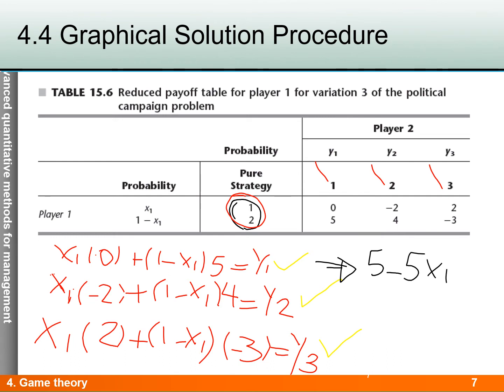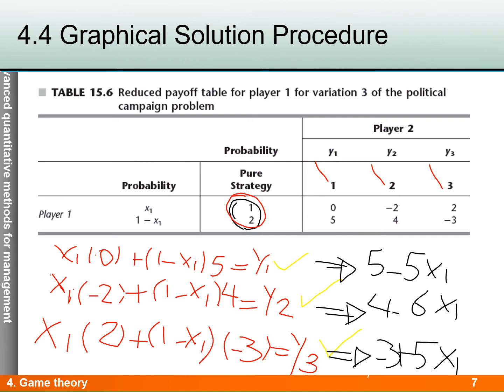The other one gives me 4 minus 6x1, and the other one gives me minus 3 plus 5x1.